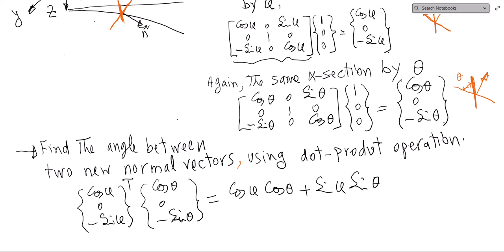So the dot product of these two, the first component and second component and third component, multiplied by each other respectively, and therefore I get this.